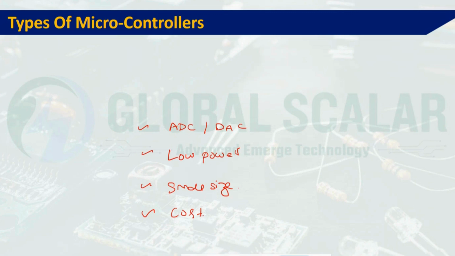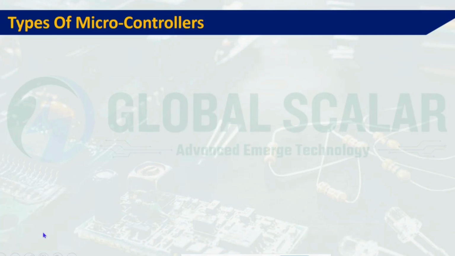Some examples at a reasonable price are Arduino controllers and PIC, Atmega, and STM32. These are some examples to know about the microcontroller. And a microcontroller is specifically used to automate features with the help of sensors that we are able to configure.